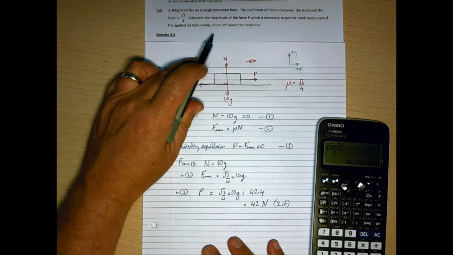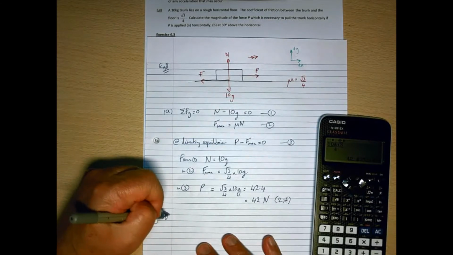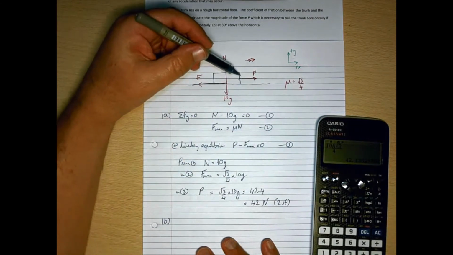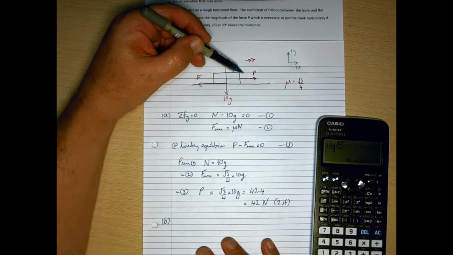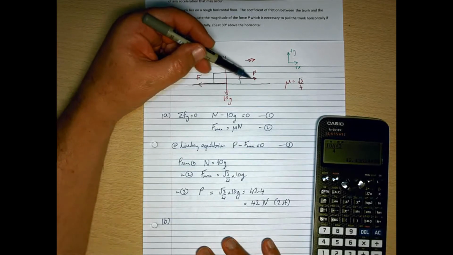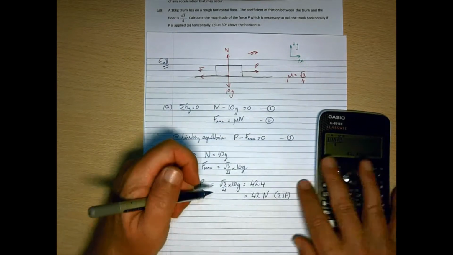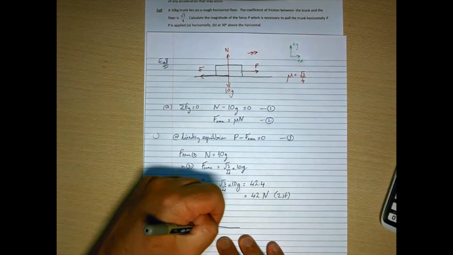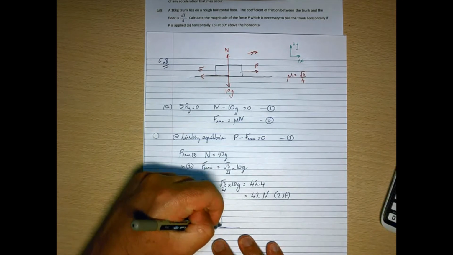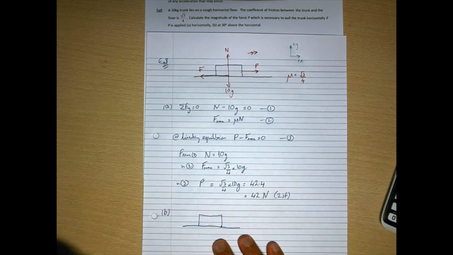Now for part B, what changes is that P is now going to act at an angle, so it will have a horizontal and a vertical part to it. So just to keep it clear, let's quickly redraw the diagram.